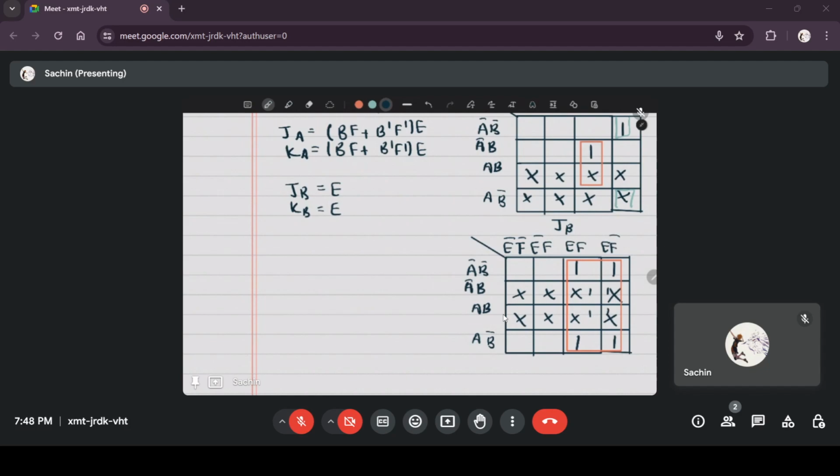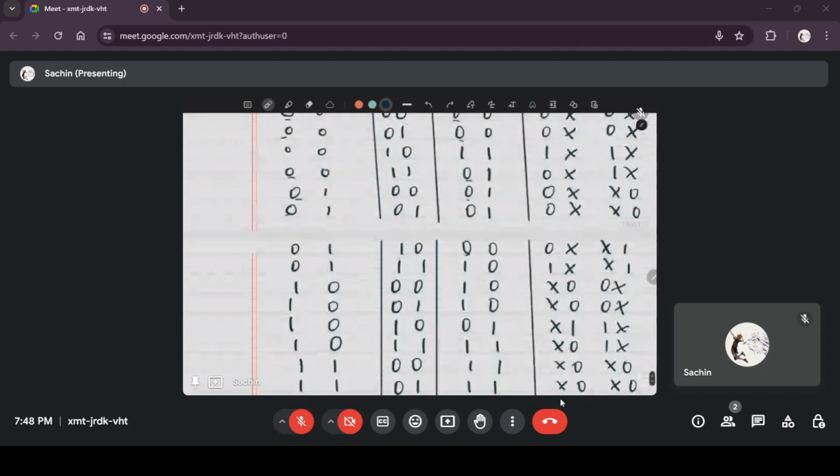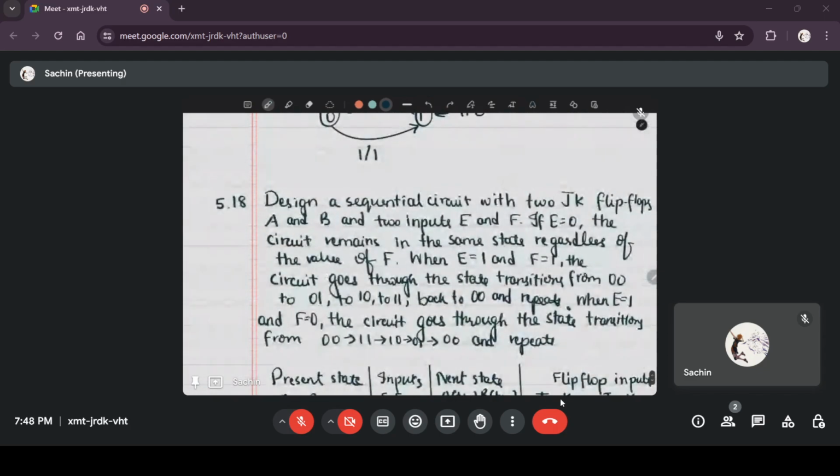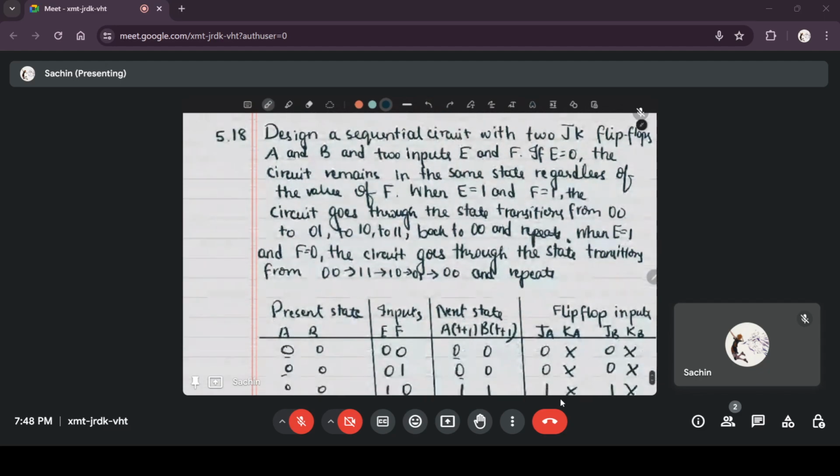So again you can form the same octet, and you'll get the same expression. So that's all you need to do.